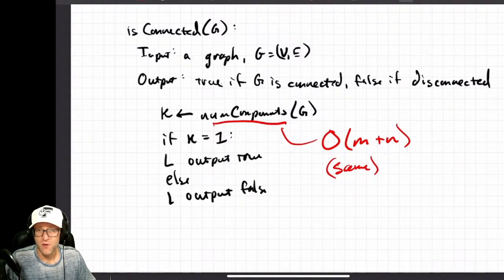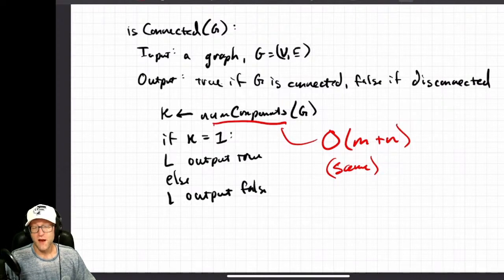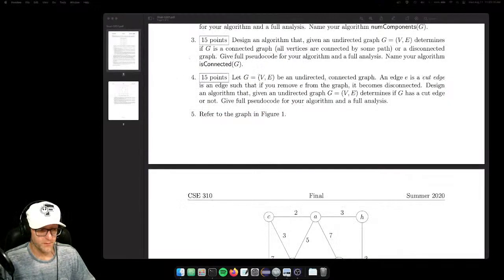You can see how this exam was designed, right? So that you could reuse this stuff. That goes again back to the idea of reductions. All of these are basically the same problem. They reduce to each other because I can use a solution for one of them for another one of these problems.